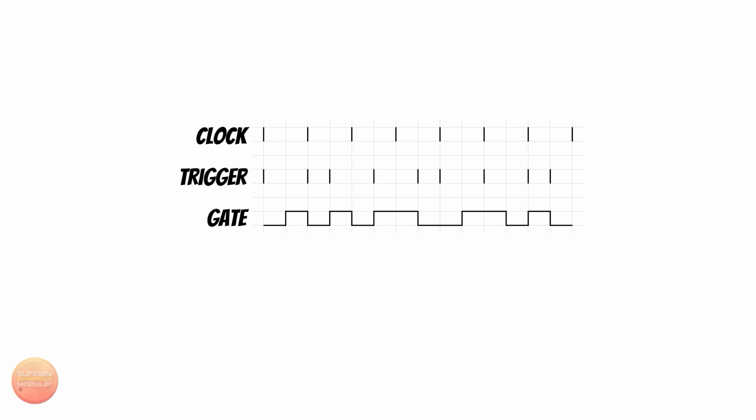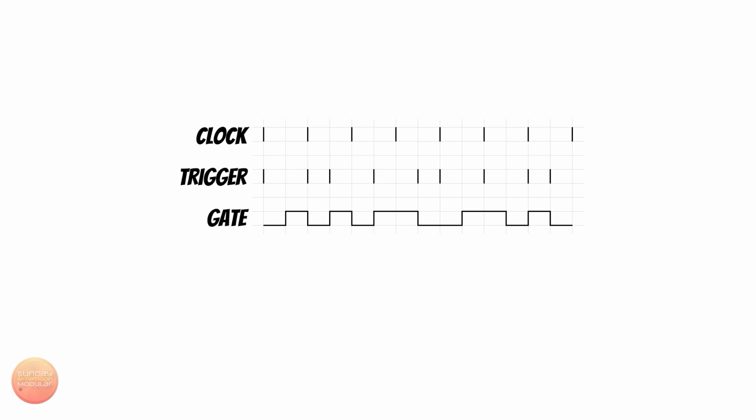Now, a gate signal is a pulse whose duration is variable and directly controls the length of the event it initiates. The voltage stays high for as long as the gate is active. For instance, as long as you hold down a key on a keyboard, or as long as a sequencer step is set to be on.